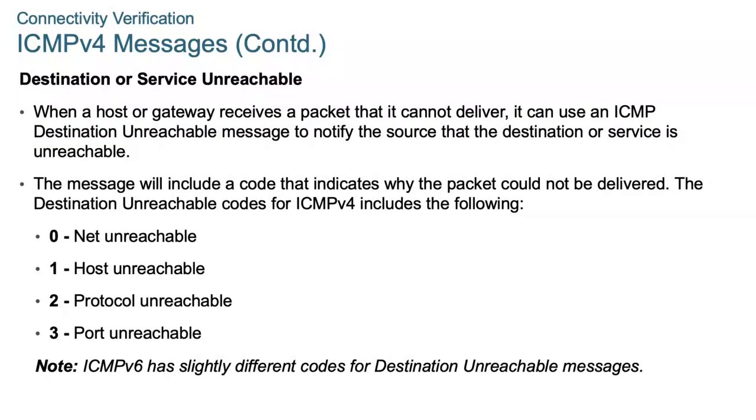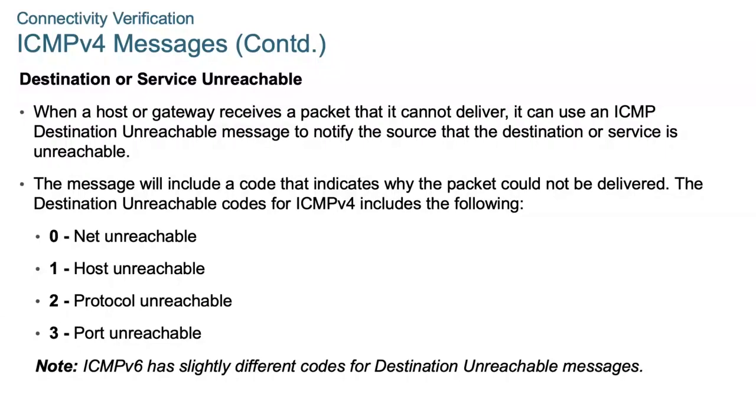It may be because of network unreachability, or if the network connection is there but the host is unreachable, that means the host is not configured with the IP address. If network and host are present, it is possible that the protocol service is disabled, or the port number is unreachable. So these are the cases.